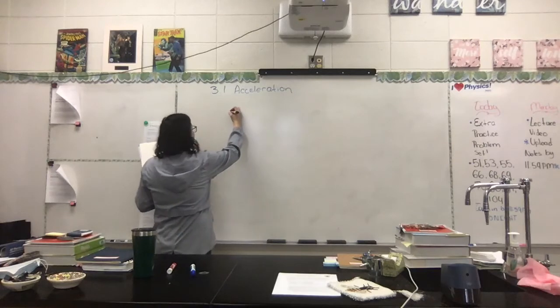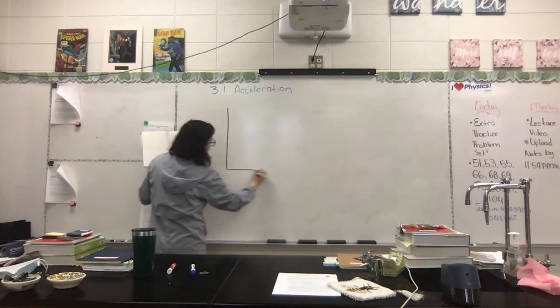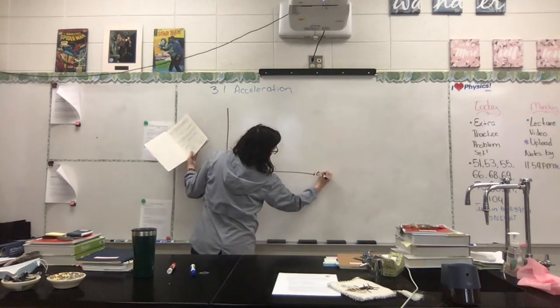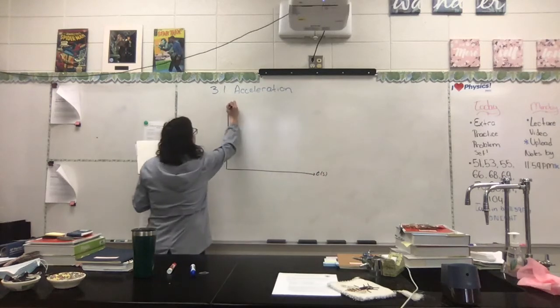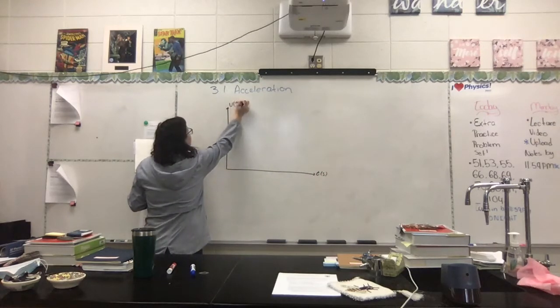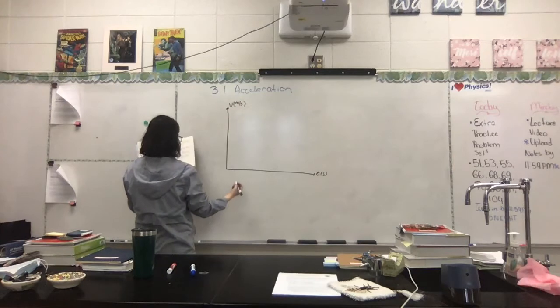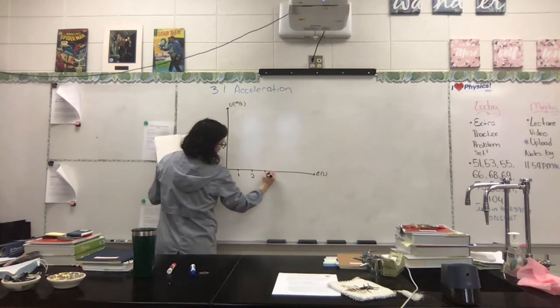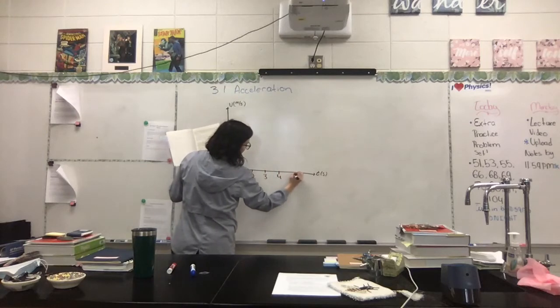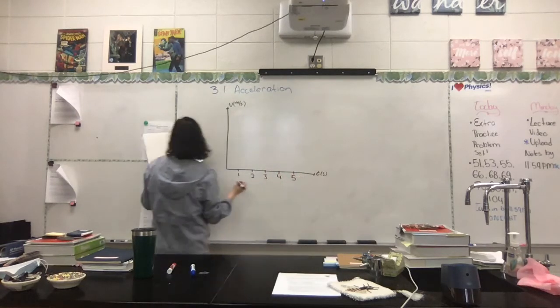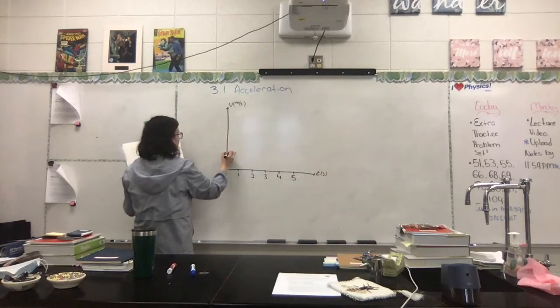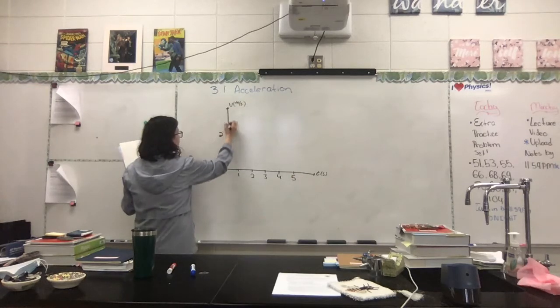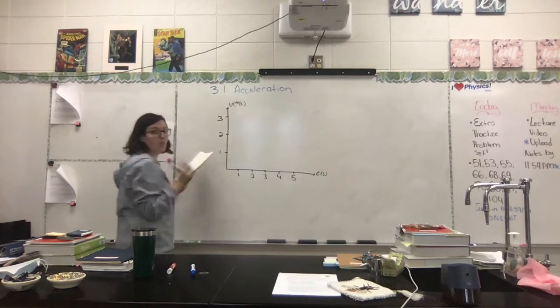So, let's look at this graph right here. We're going to have a velocity versus time graph. We're going to go from 0 to 5 on time, so we're going to have 1, 2, 3, 4, 5. And then on our velocity, we're going to go from 1 to 3: 1, 2, 3.